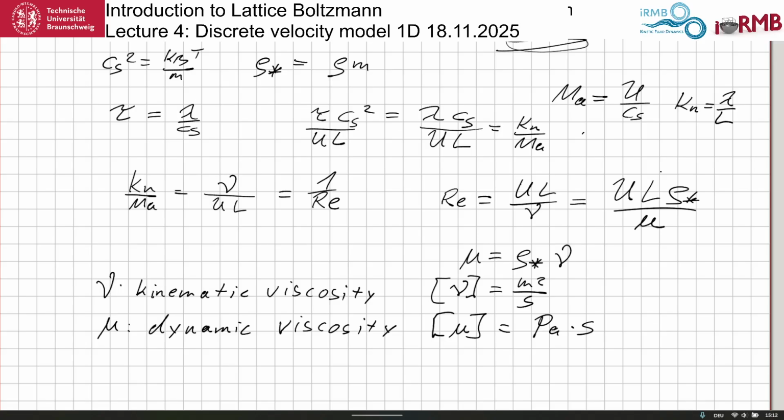In practice it is useful to use the dynamic viscosity, because the dynamic viscosity, strangely enough, is the thing that is constant, while the kinematic is not. Can you give me an idea why this is the case?